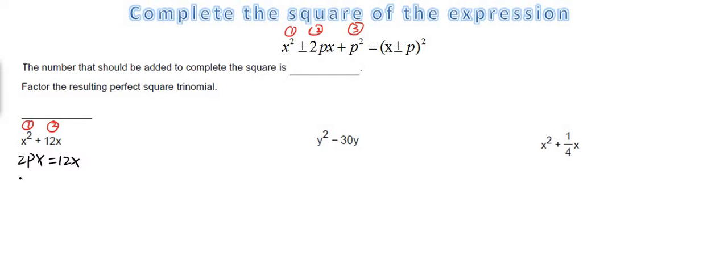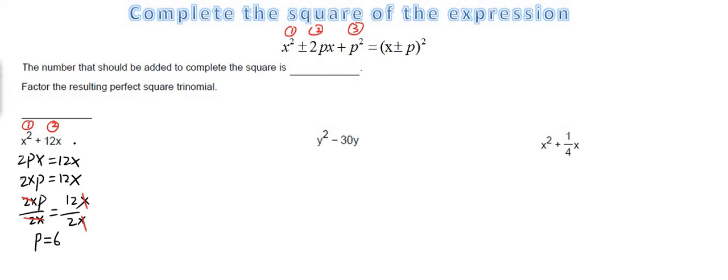We divide by 2x, because 2px can be written as 2xp, right? 2xp equals 12x, and then divide by 2x for both sides, and we can cancel out 2x. Here the x cancels out, and p equals 6. Now we get p equals 6.